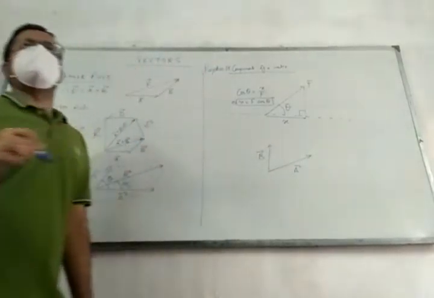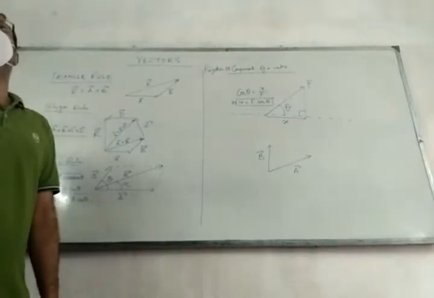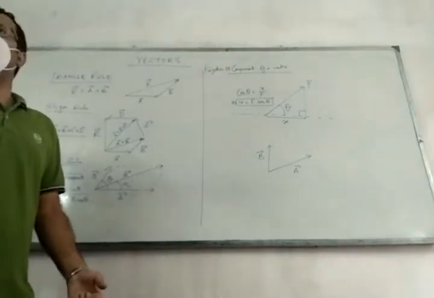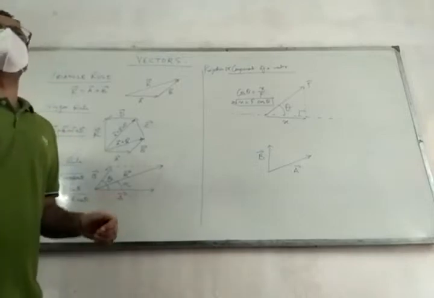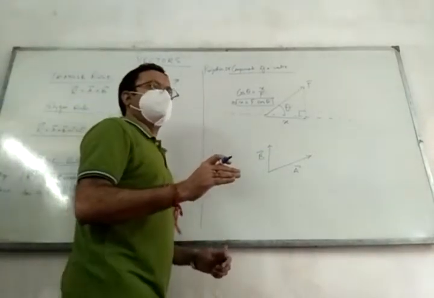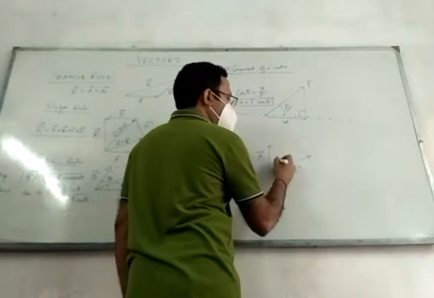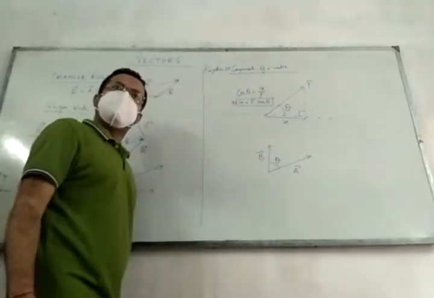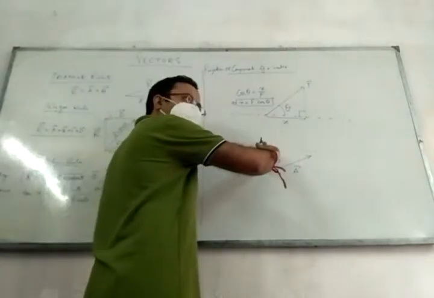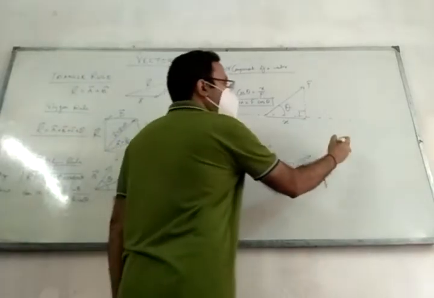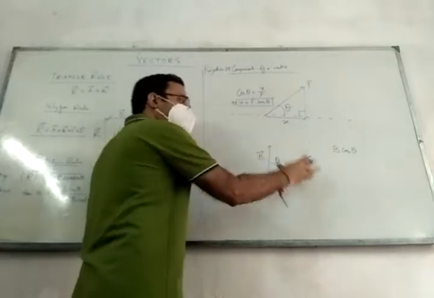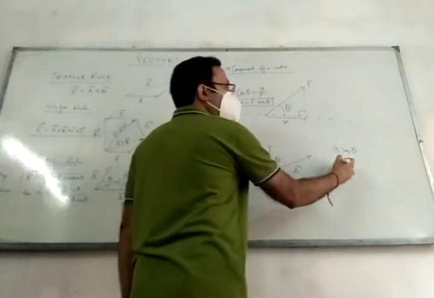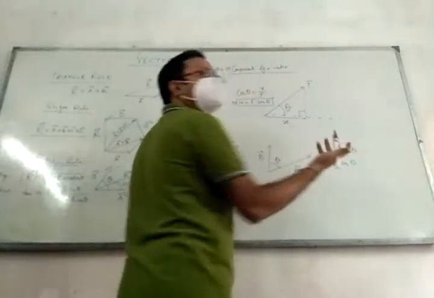You want to find out the component of vector B on A or the other way around, A on B. You don't need to see the other vector, you just need to see the angle between the two vectors. Say the angle between the two vectors is theta, then the component of B on A will be B cos theta, and the component of A on B will be A cos theta. As simple as that.